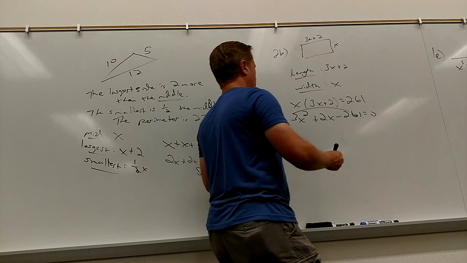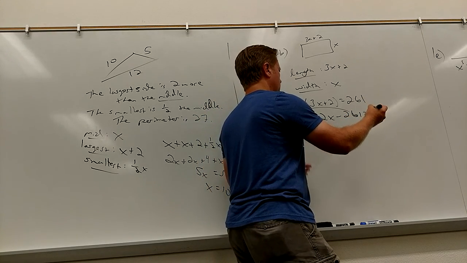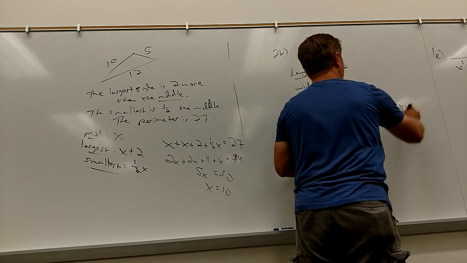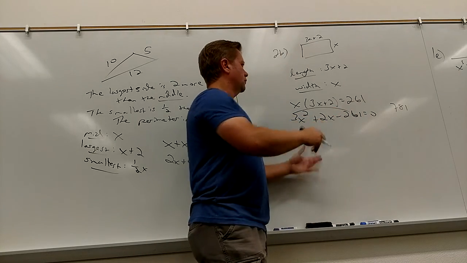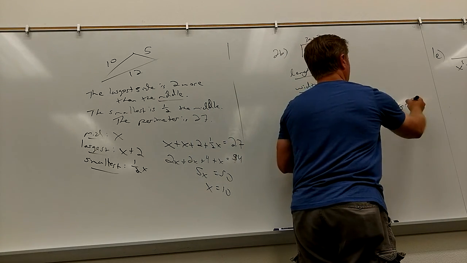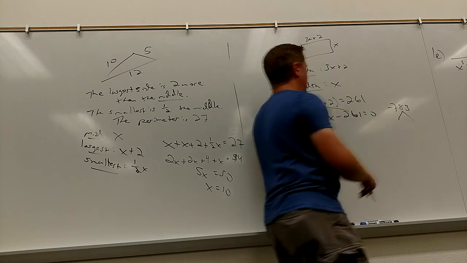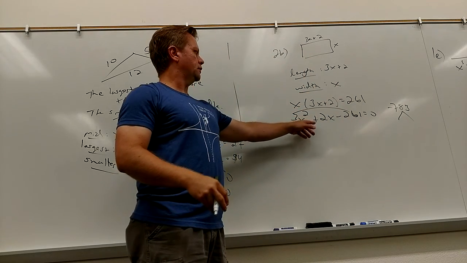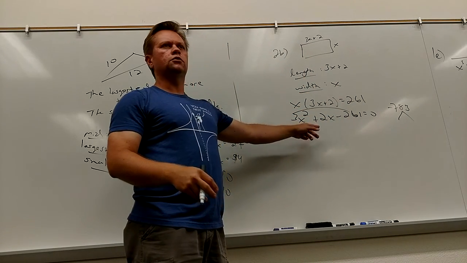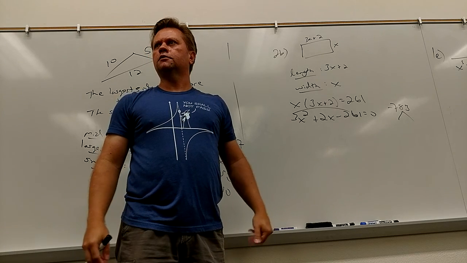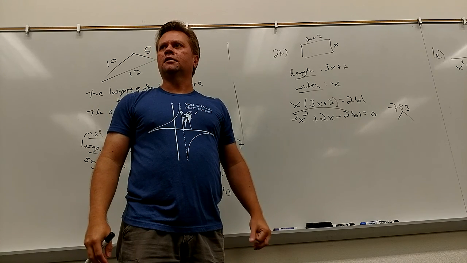What do you get there? My brain doesn't want to work. 781? Is that what you get? 783. All right. And then I want to find factors of 783 that add to be 2. Well, that seems difficult.